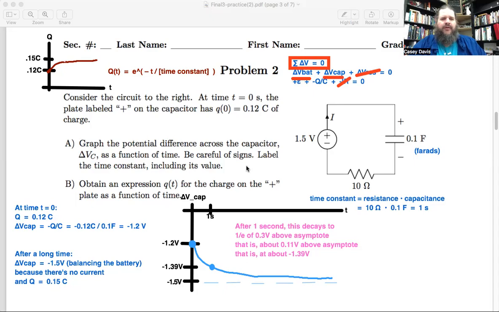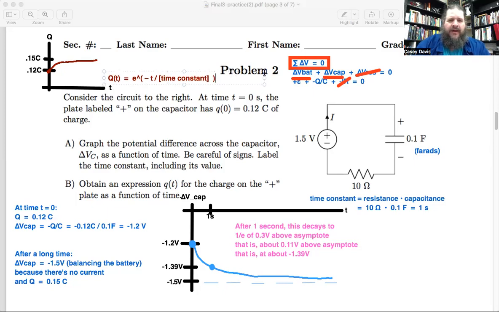How do we make that change? If you have a graph that decays towards 0, but you want to shift it so it's decaying towards 0.15 coulombs instead, what could you change about the function that will shift the graph up 0.15 coulombs? Yeah, if we just add 0.15 coulombs, that should do it.